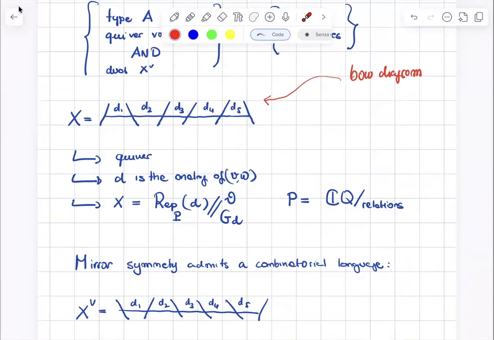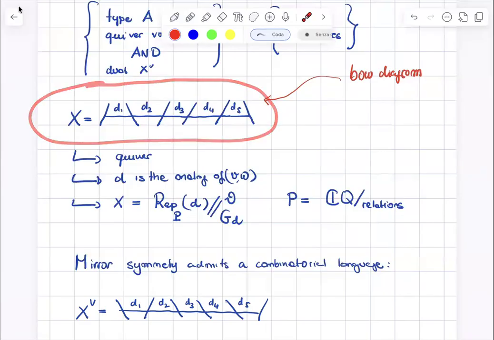Combinatorial gadgets are usually important in this business, and bow varieties provide very efficient combinatorial tools.